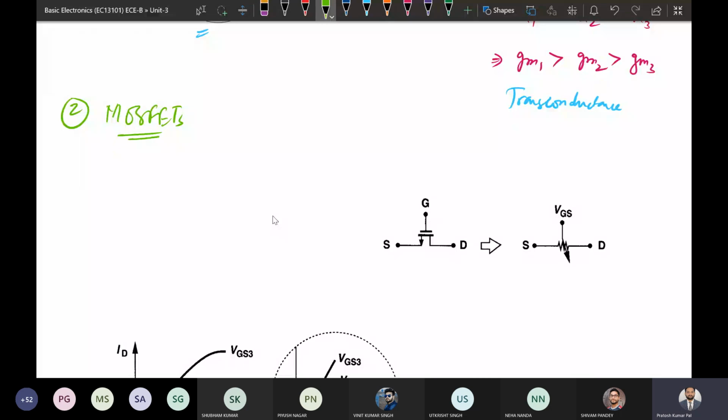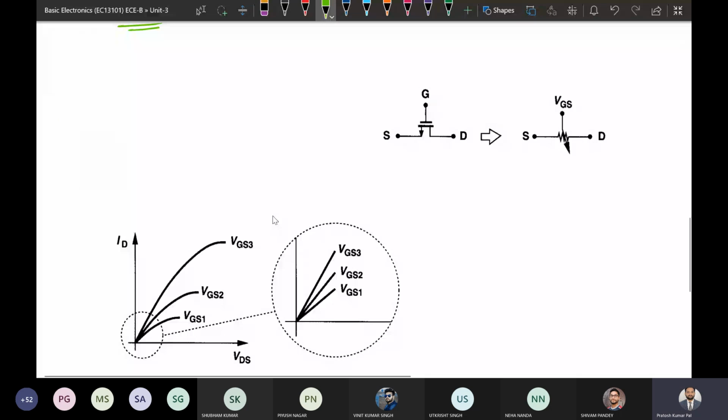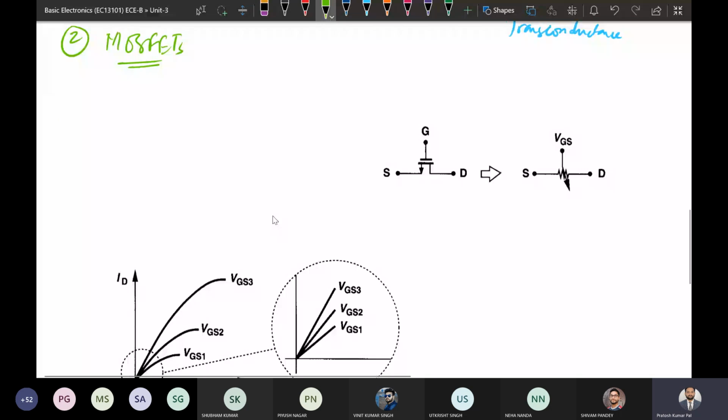In that case, it will be equivalent to a variable resistance, and this equivalence will be based on the gate to source voltage. Whatever gate to source voltage we are applying, based on that there will be variation in the resistance. So this resistance is between the source and drain. If this is the MOSFET, so this is your source region, this is gate and drain.